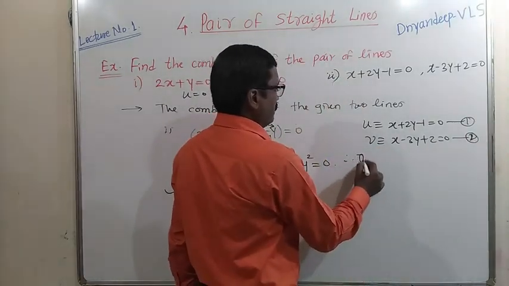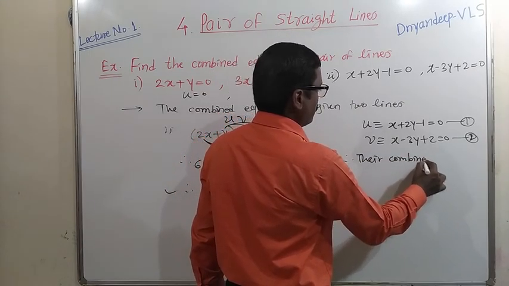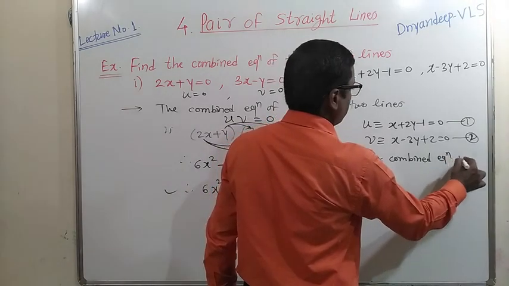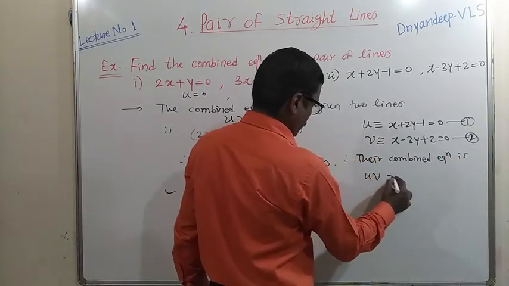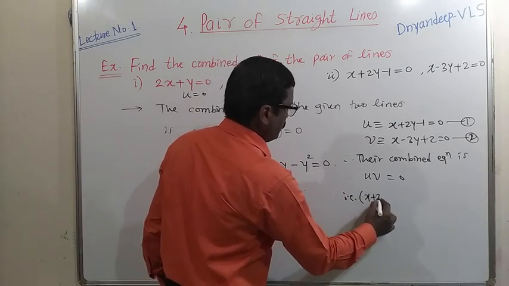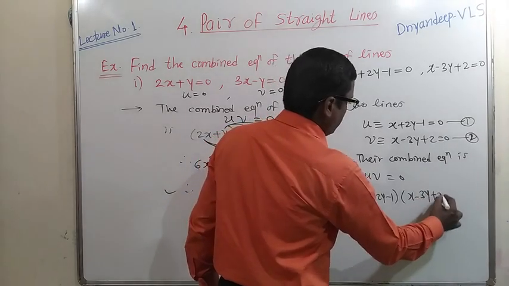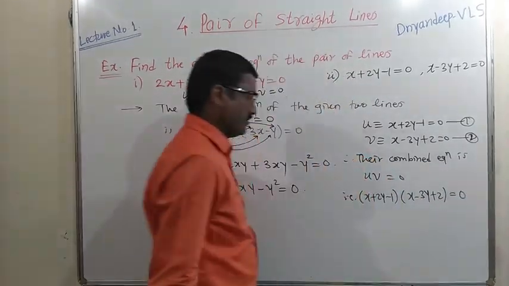Therefore their combined equation is uv equal to 0, that is (x plus 2y minus 1) into (x minus 3y plus 2) equal to 0.